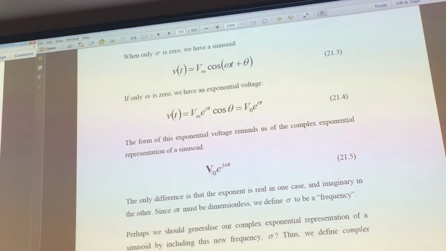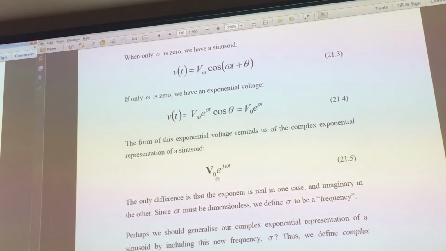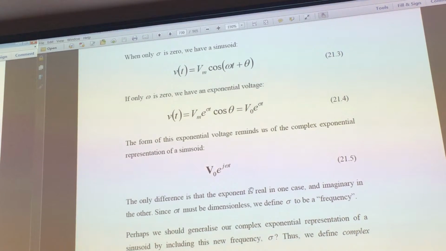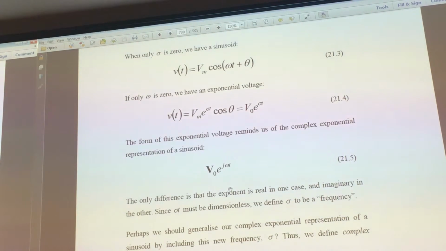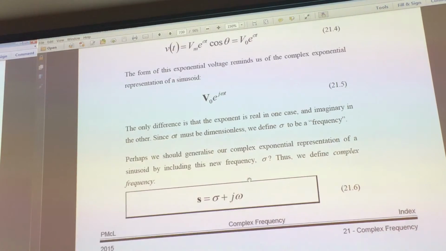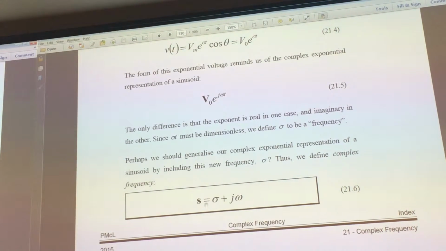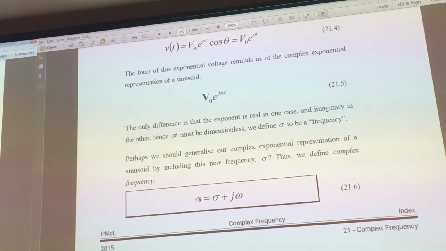We already saw this without sigma, of course, but now if we add the complex, or imaginary rather, number, we can create something that we call complex frequency. So complex frequency is a complex number, sigma plus j omega.